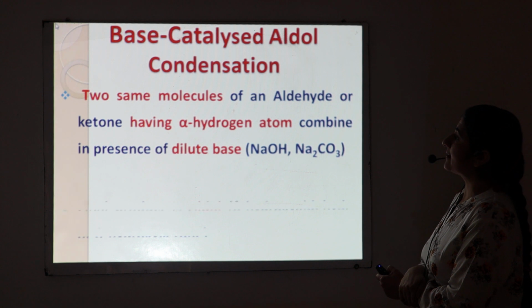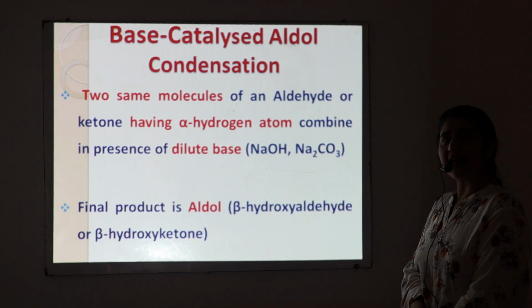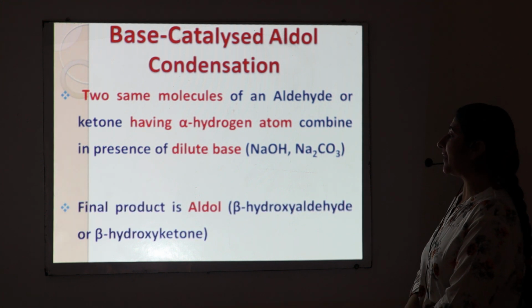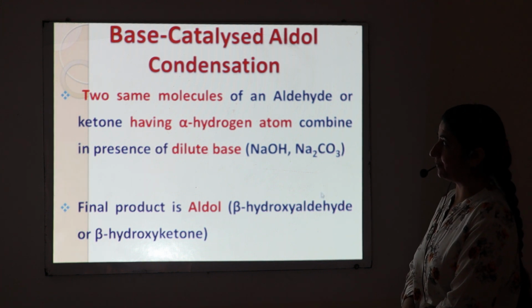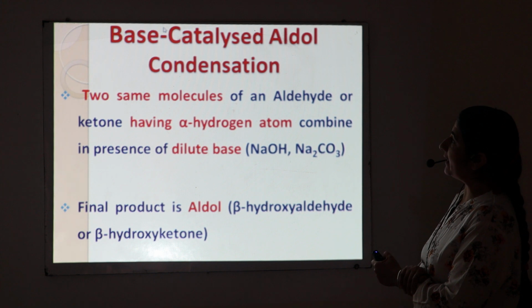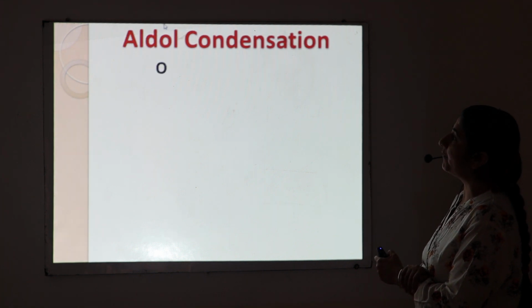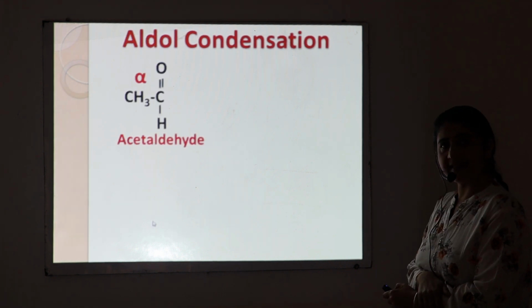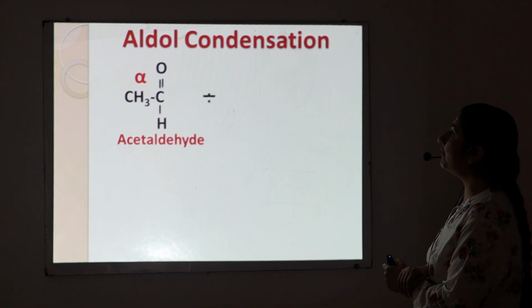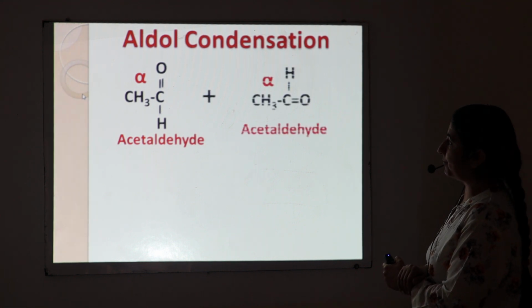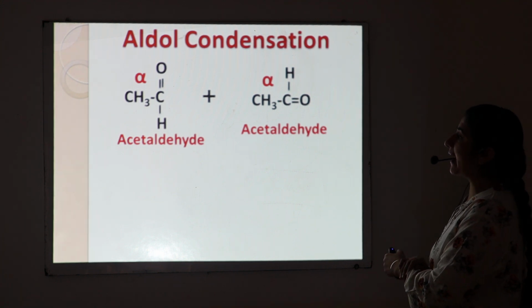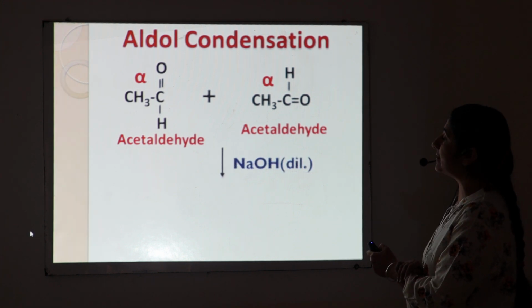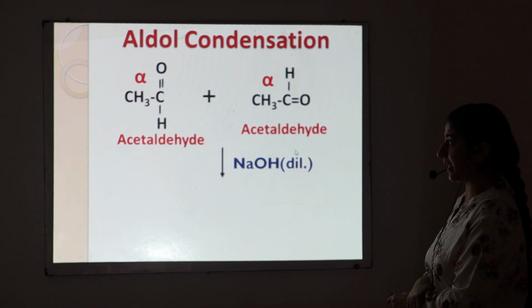In this case, the main product is aldol, which is also known as beta hydroxyaldehyde or beta hydroxyketone. To explain it, I am taking the example of two molecules of acetaldehyde, which have alpha hydrogen atoms. Here we have two acetaldehyde molecules, and these two react with each other in the presence of dilute sodium hydroxide.